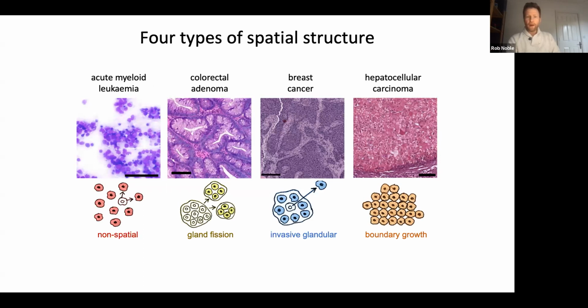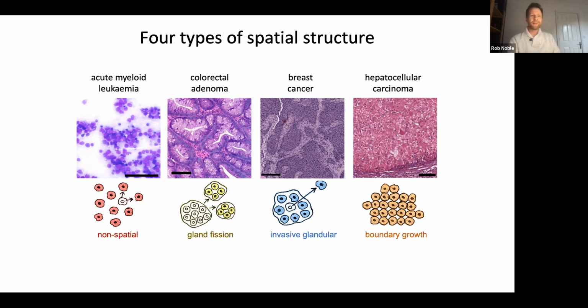What we honed in on then, in discussions with Jakob and examination of the slides, is 4 canonical types of spatial structure. The first type is blood cancers, such as AML, where we assume, and previous modelers have assumed, that a non-spatial model is a pretty good approximation of these semi-solid tumors.